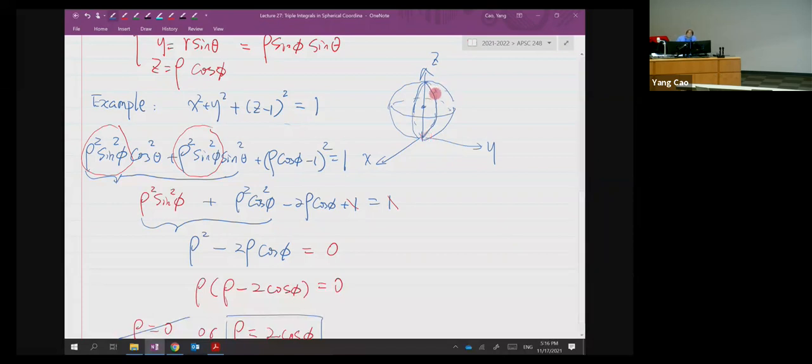And then you can pick any point on that circle. Then you can form a triangle: connect the top peak to the point on the surface, and then to the origin. So basically, I create a triangle here, and that triangle is part of that so-called great circle.